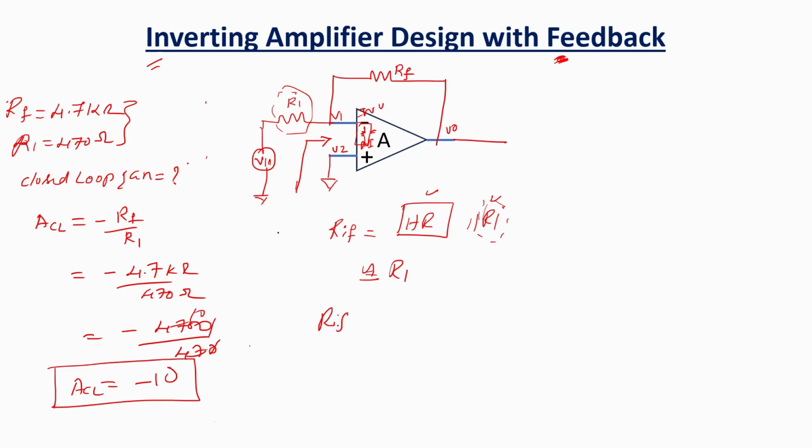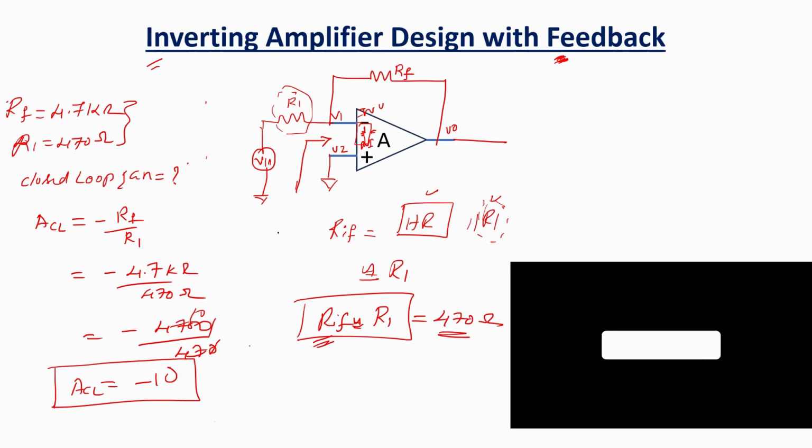So the input resistance with the feedback circuit is always close to R1, which is nothing but equal to 470 ohms. That is the input resistance with the feedback.